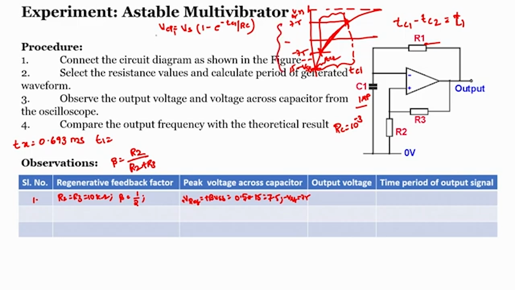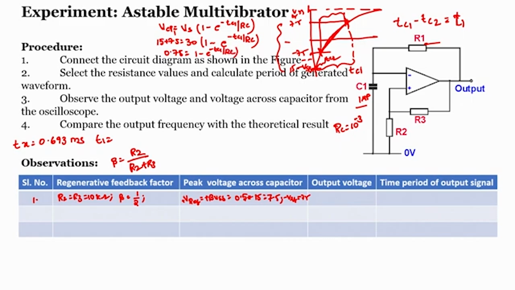So, I can say 15 plus 7.5 is equal to 30 into 1 minus e power minus TC1 by RC, right. If I calculate, 15 plus 7.5 is 22.5, 22.5 divided by 30, so the value is 0.75, which is equal to 1 minus e power minus TC1 by RC.